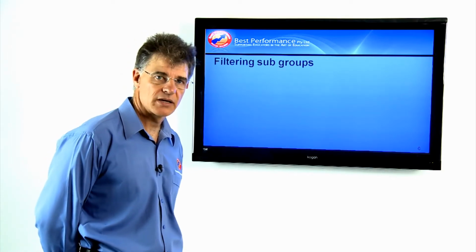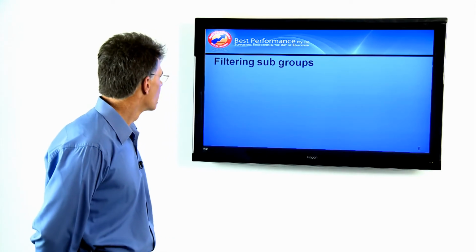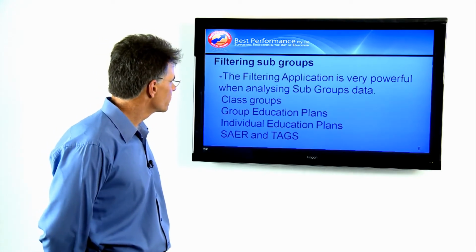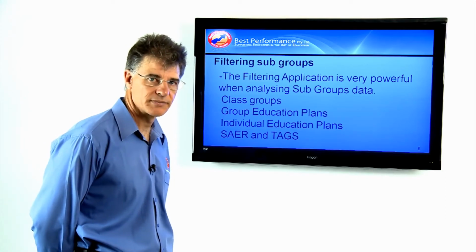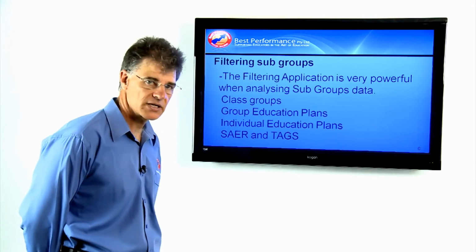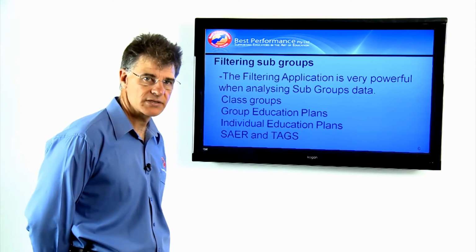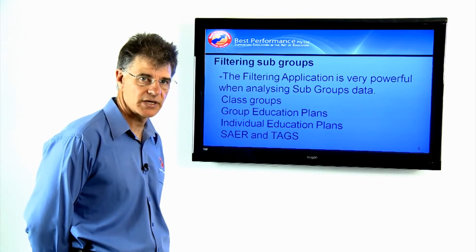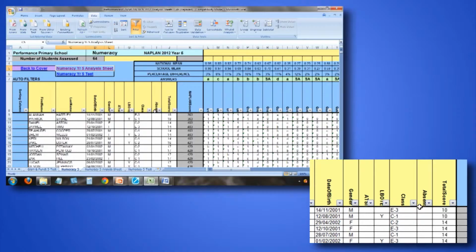Now we're going to look at filtering in the analysis sheets. The filtering application is very powerful when analysing subgroups. We can filter in class groups, we can make group education plans, individual education plans, sayers and tags. Let's have a look at that now. The beauty about sorting is to be able to analyse particular groups.